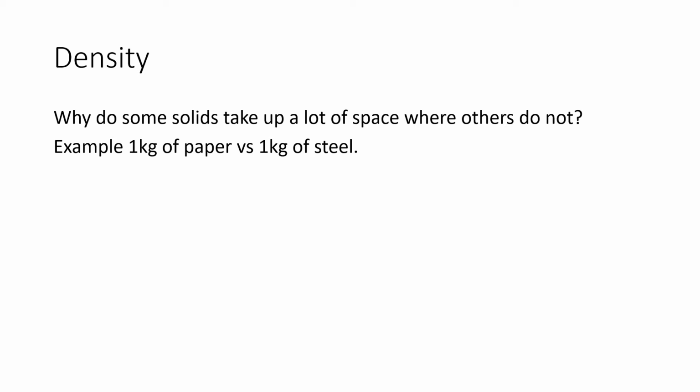I also have a 1 kilogram small steel ball and a 1 kilogram large steel ball. Why are these different sizes? Maybe something's going on here. But they are the same mass.